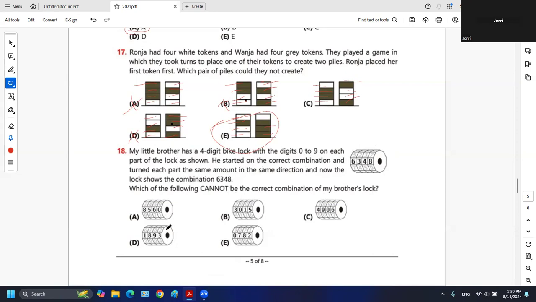So let's start with A. 8 5 6 0. 6 7 and the 8. 3 4 5. 4 5 6. 8 9 0. Not the answer.